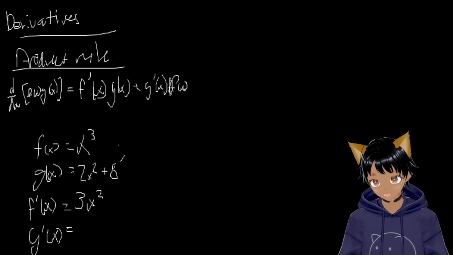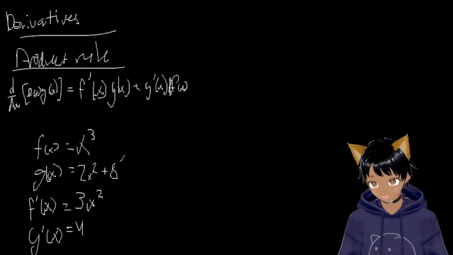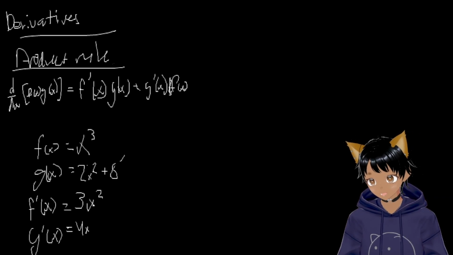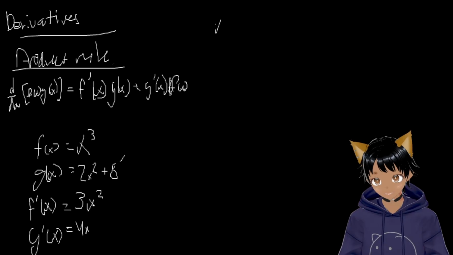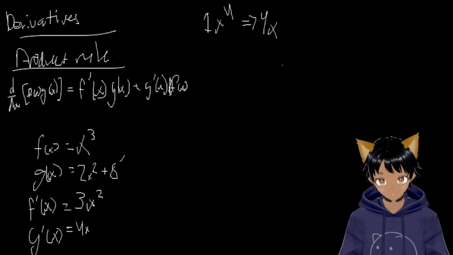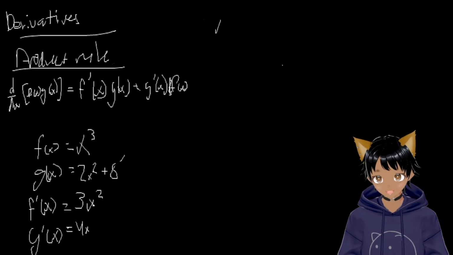Basically, you just get rid of it and do the power rule for this. So 4x^2 minus 1 is 1, so you get rid of that. Wait a minute. Why is it 2? When you bring it down, you're multiplying the number in front of x. So if we were to say x^4, technically the number in front of x is 1, so you're multiplying 1 by 4.